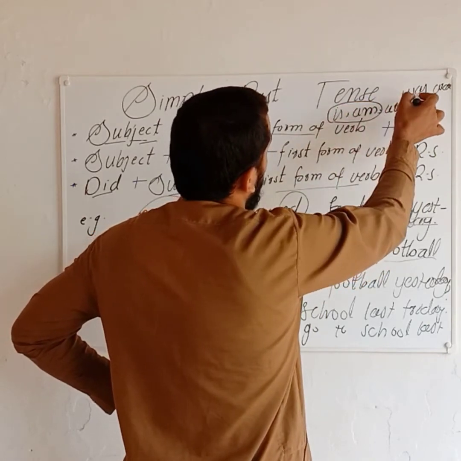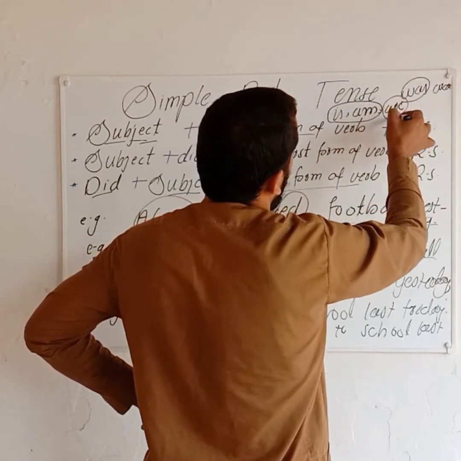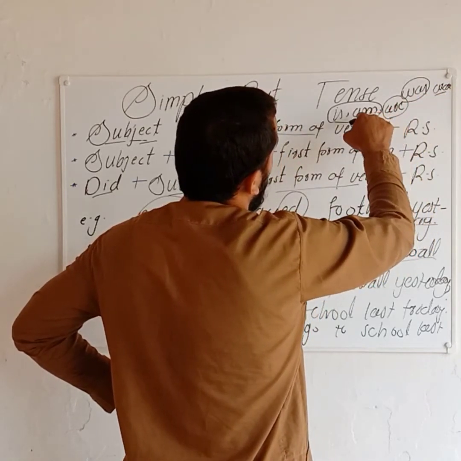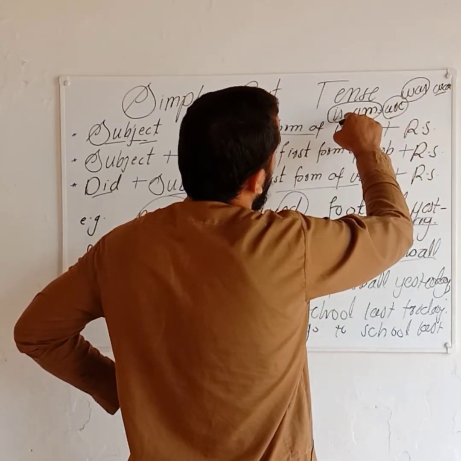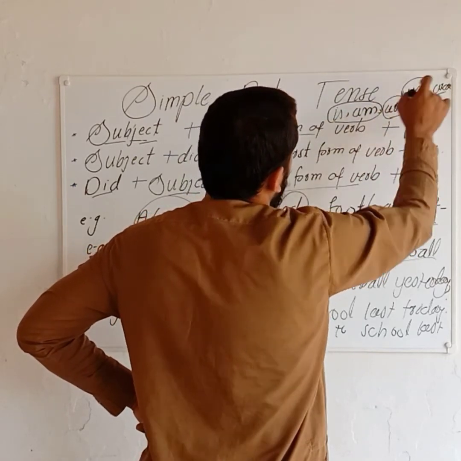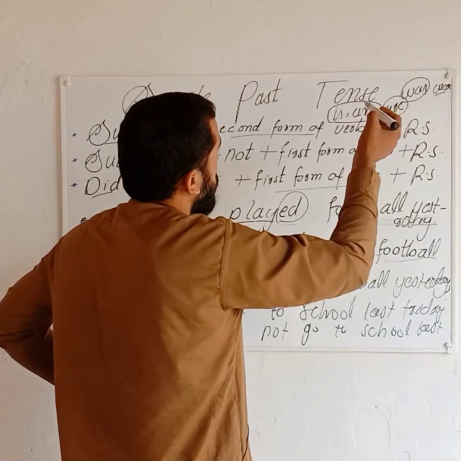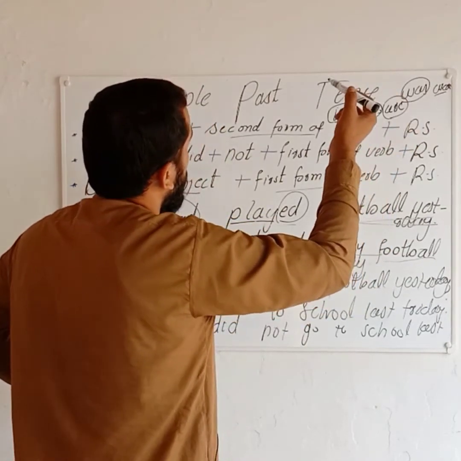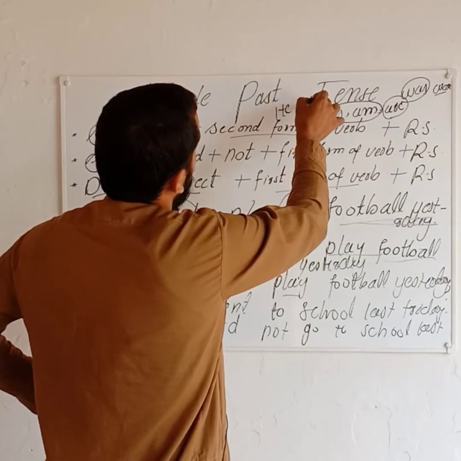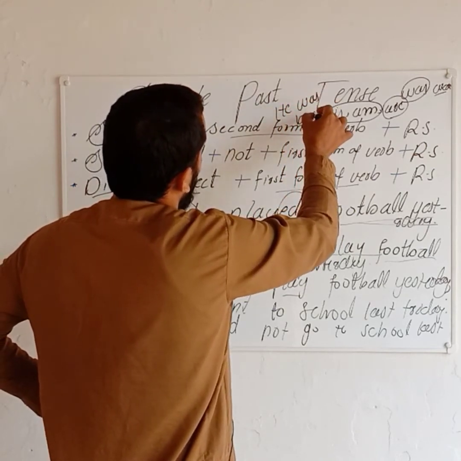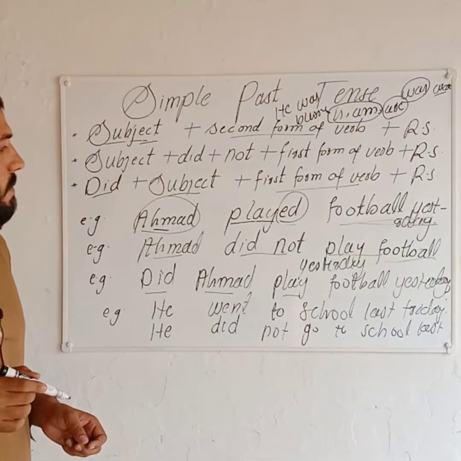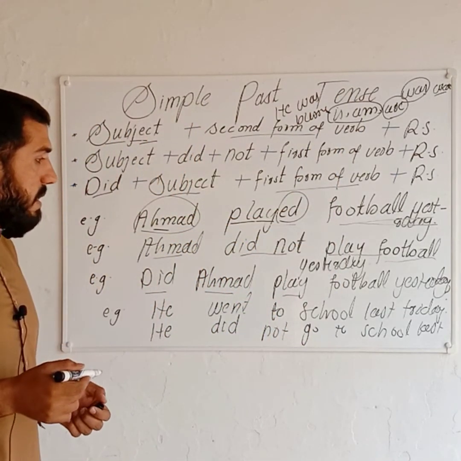For is and am we use was, and for are we use were. For singular nouns and pronouns we use was, and for plural nouns and pronouns we use were in simple past tense. For a state, for example, he was busy yesterday. So this is a state in simple past tense.